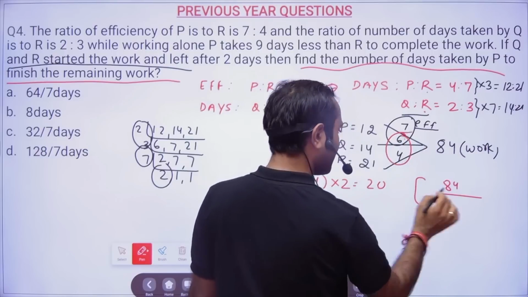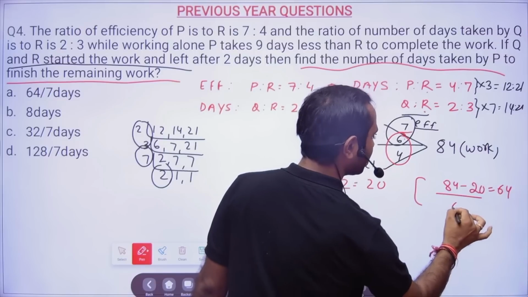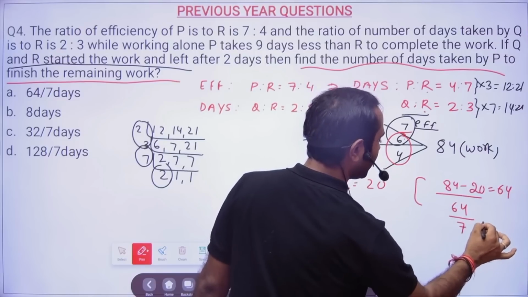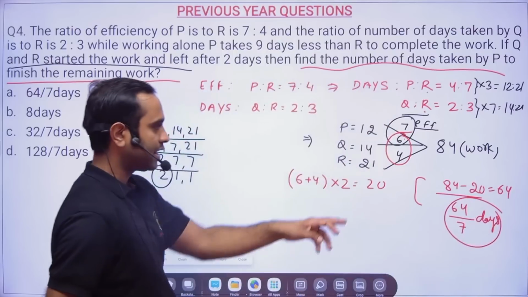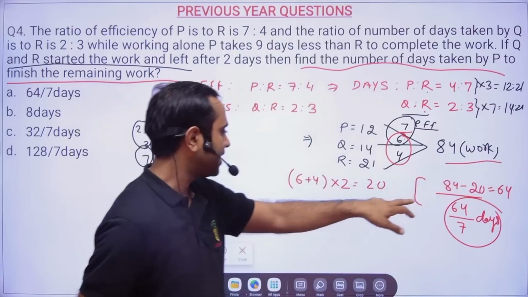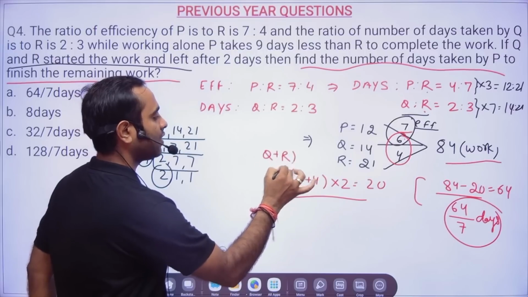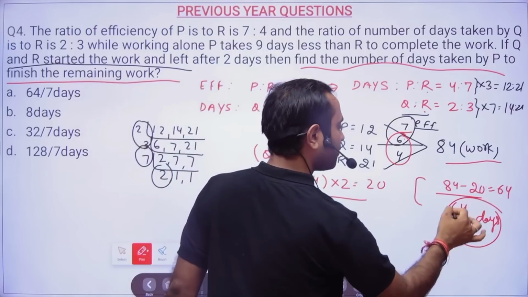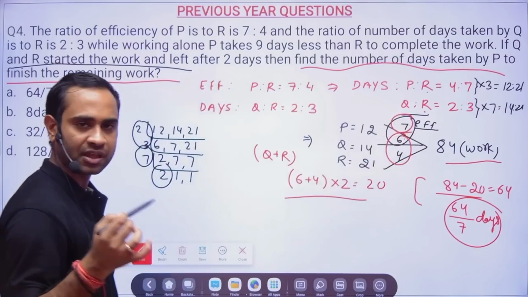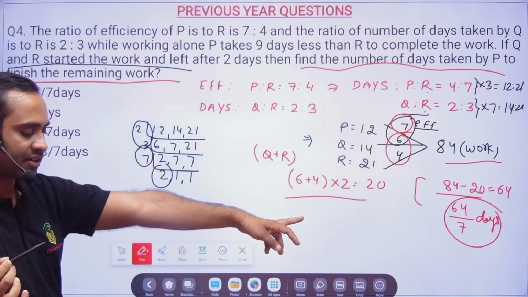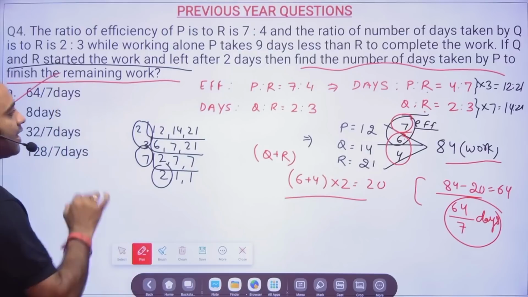Now here 84 is the total work and 20 work was done by Q plus R. So the remaining work is 84 minus 20, which is 64. Who is going to do the remaining work? P is going to do it, and P's efficiency is 7. That means P can do 7 work in a day. So for completing 64 work, it will take 64 by 7 days. Option A will be the correct answer.